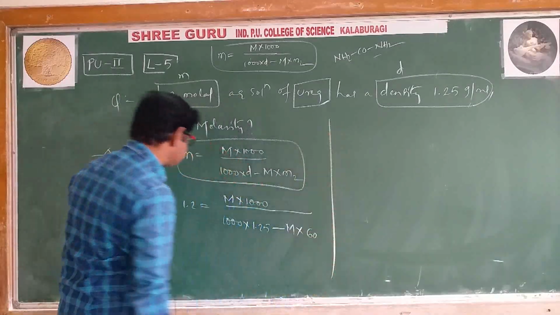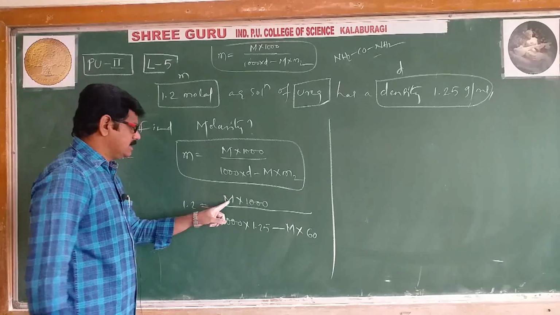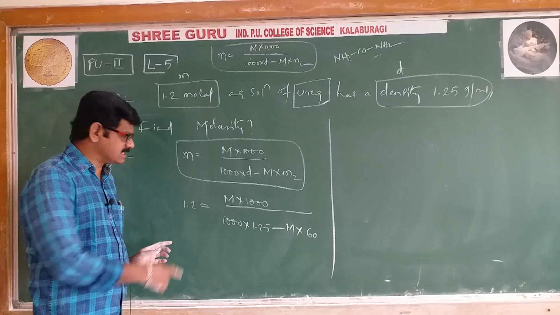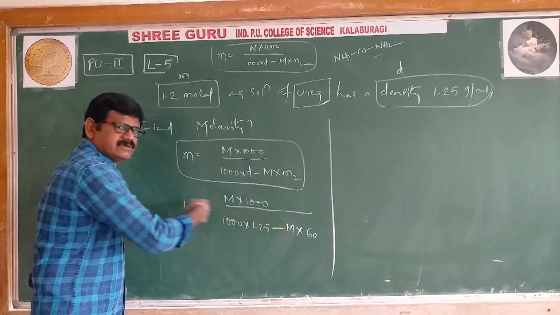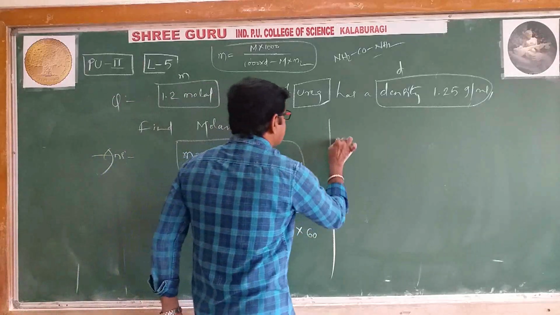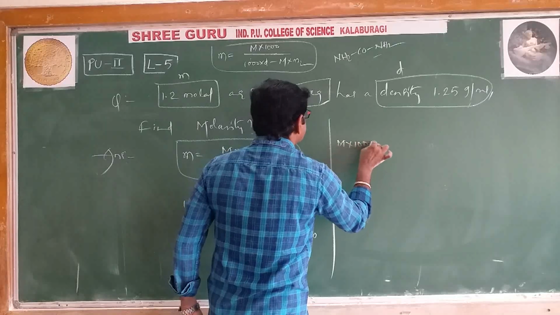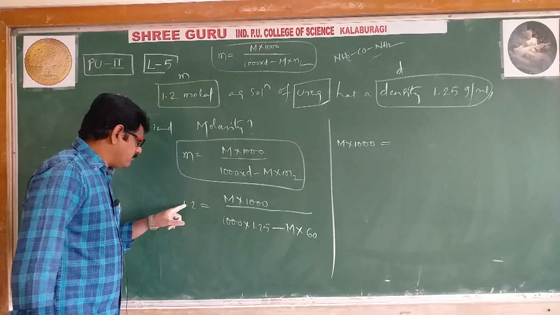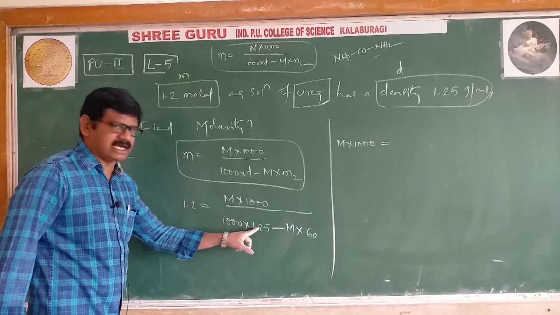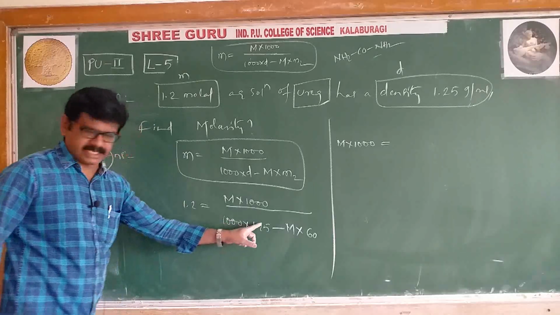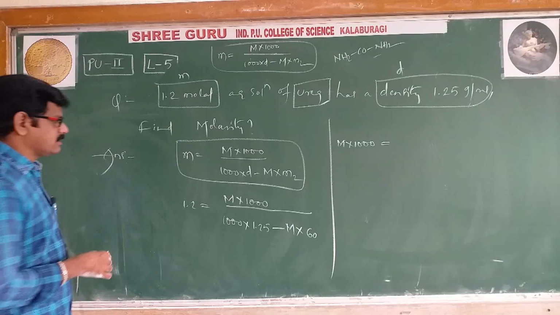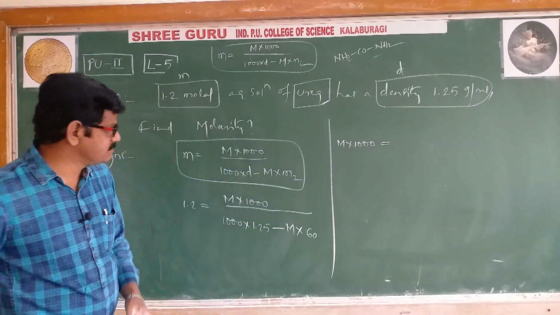Then what we are doing now is bringing this 1000 to the left-hand side and cross multiplying these terms. M into 1000 is equal to 1.2 into 1000 into 1.25. Otherwise, first we'll simplify like this.